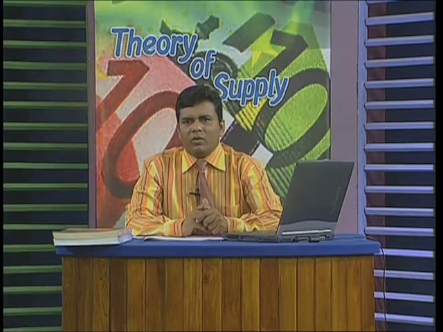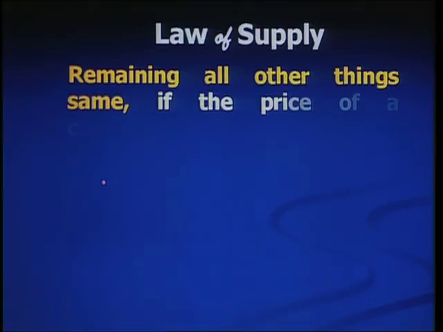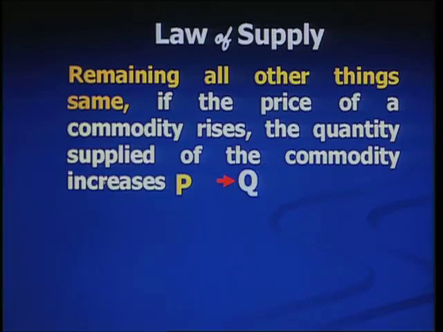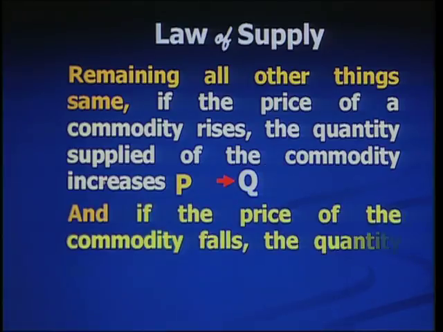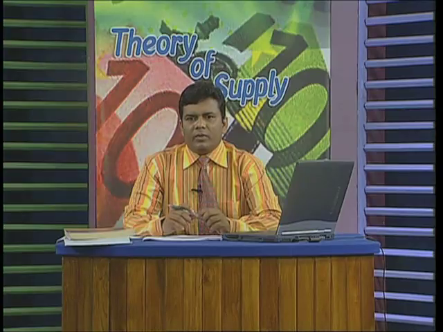Now let us see what the law of supply says. Remaining all other things the same, if the price of the commodity rises, the quantity supplied of the commodity increases, and if the price of the commodity falls, the quantity supplied of the commodity decreases. We saw in the law of supply there is a relationship between the price of the commodity and the quantity supplied.